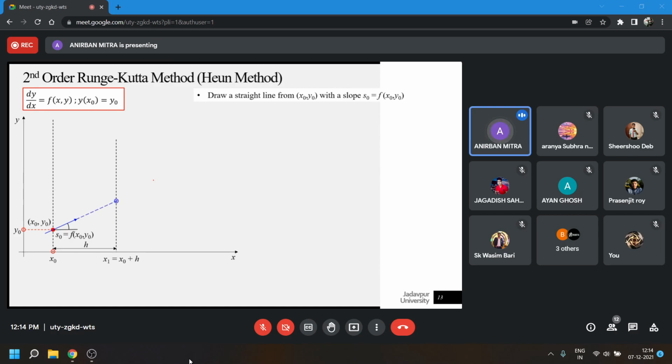This is the straight line which intersects the vertical line drawn through x1 at a point y1 bar. You can see y1 bar over here. We have extended it horizontally to the y-axis, and that is the y1 bar.